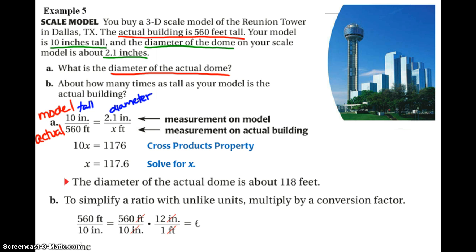So we have to put inches on top, feet on bottom. 1 foot is equivalent to 12 inches. Now our inches will cancel out with inches, our feet will cancel out with feet, so we have no units left, and then we just multiply the numerators and divide by the denominator. So that means the actual building is 672 times as tall as the model. Okay, you're responsible for doing some textbook problems at this point.